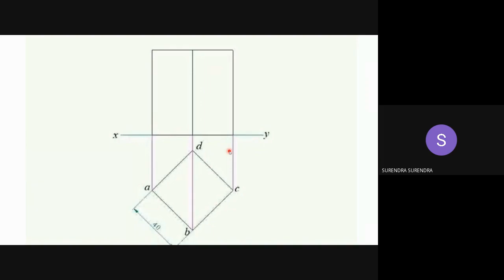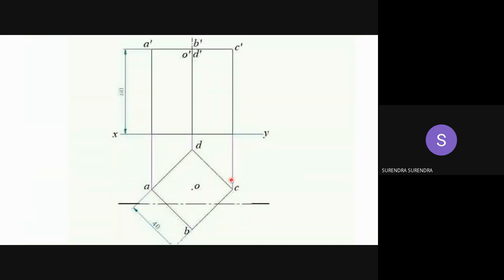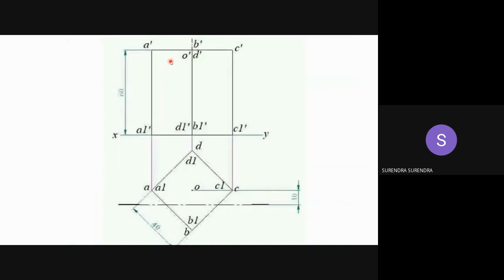So this is the projection of a prism. For the prism we have 4 corners on base and 4 corners on top. Here I represented A, B, C, D as visible. A dash, B dash, C dash, D dash on the top are the visible points, and the remaining points are represented as A1, B1, C1, D1.